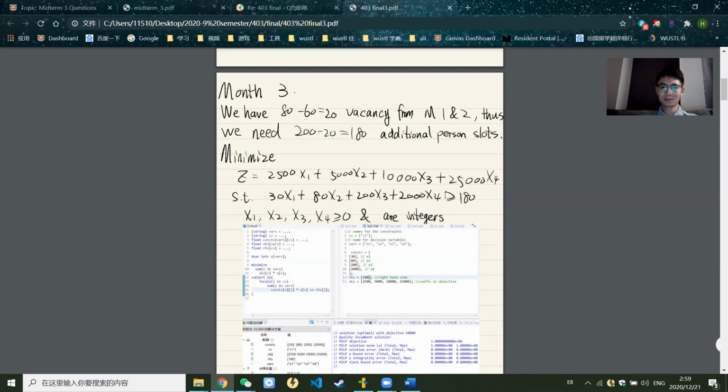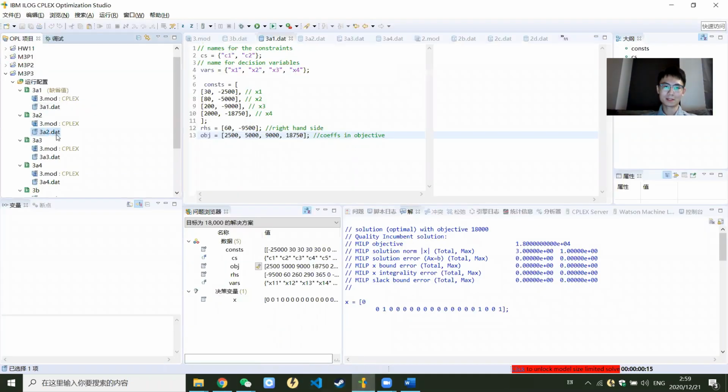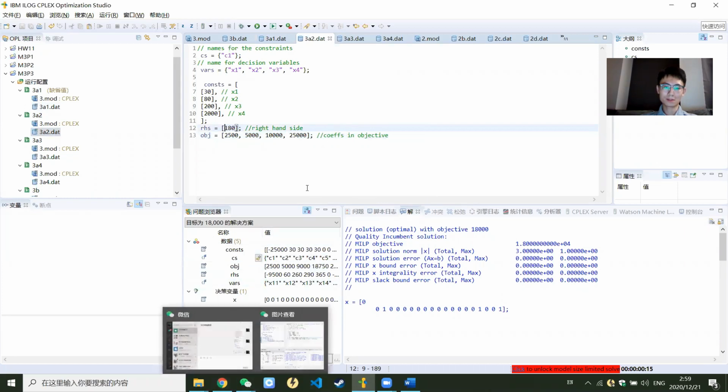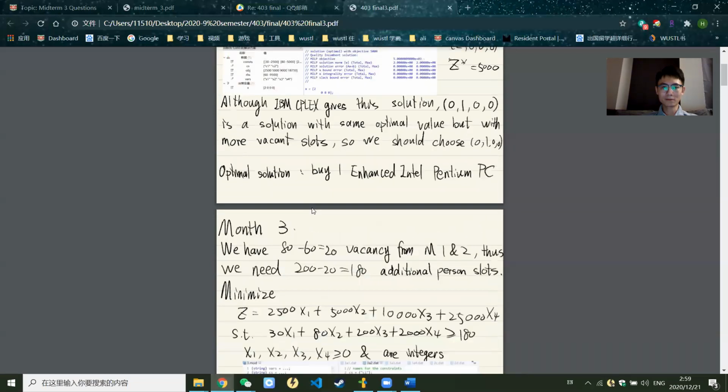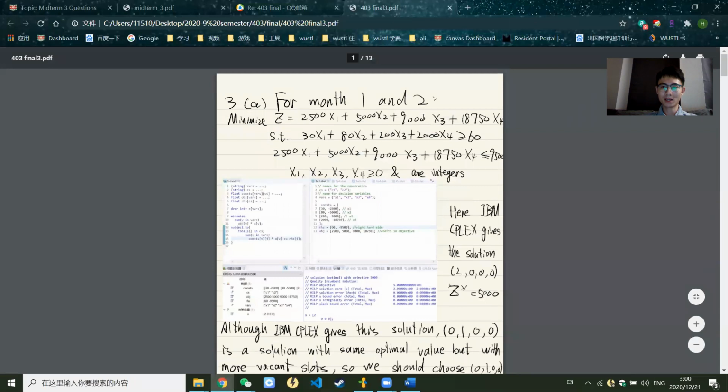So here is the user needs, and here's the objective function, and we implement it in the IBM CPLEX, and it's quite simple. Oh, so in the first and second month, we have the 10% off and the 25%, 20% off, I believe, here.